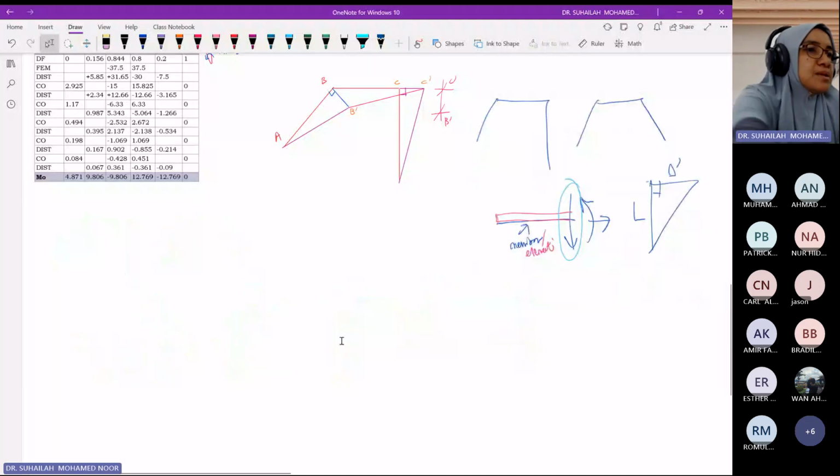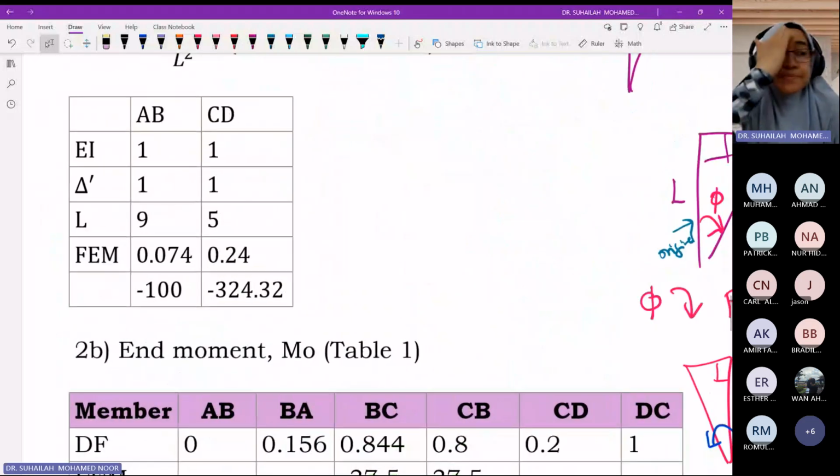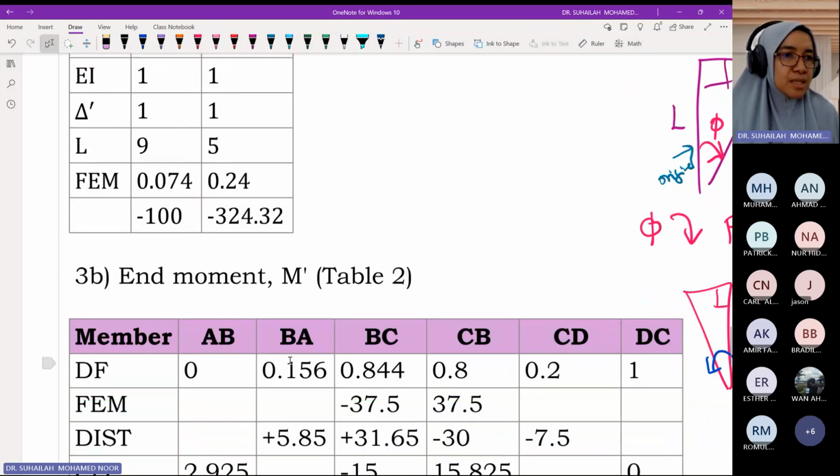Okay. Ini tadi kan? Okay, this is step 3. Step 3B. And moment. And moment yang ni adalah M prime, sorry. M prime. And this is table number 2. And moment. M prime, table number 2. Distribution factor sama.